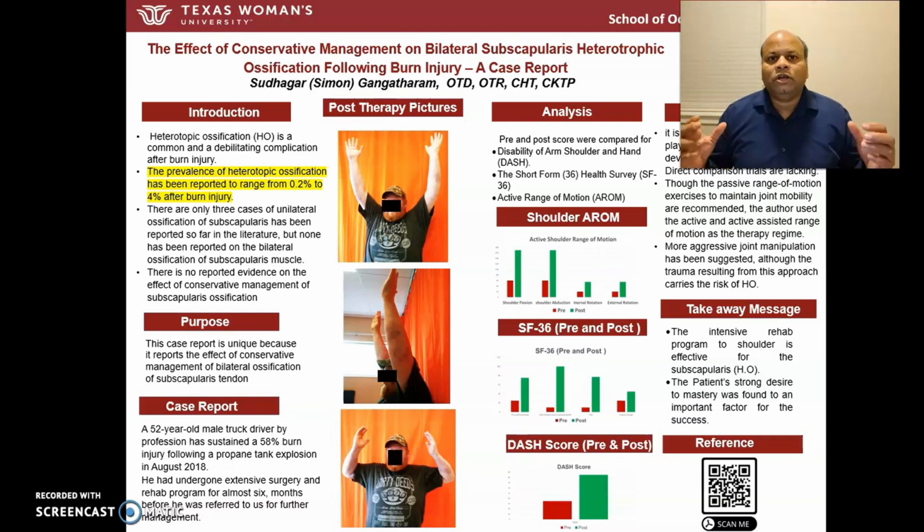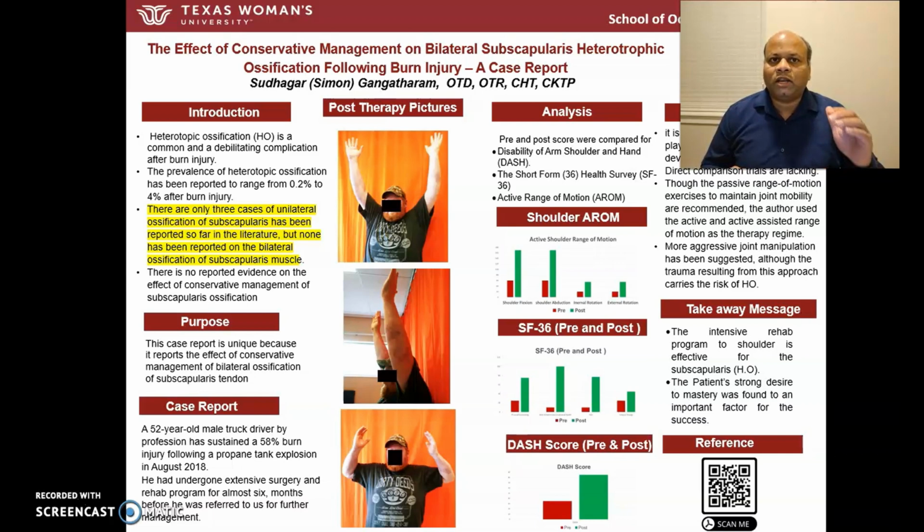So what is the uniqueness of this case report? There are two reasons why this case report is very unique. The first reason is that there are only 3 reports published so far about subscapularis heterotopic ossification. None of the case reports talked about bilateral subscapularis ossification. They talked about unilateral subscapularis ossification.